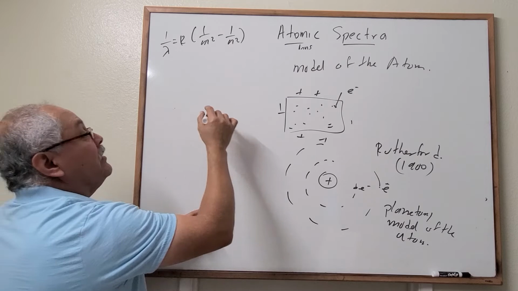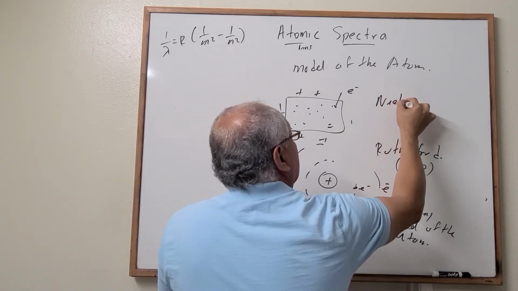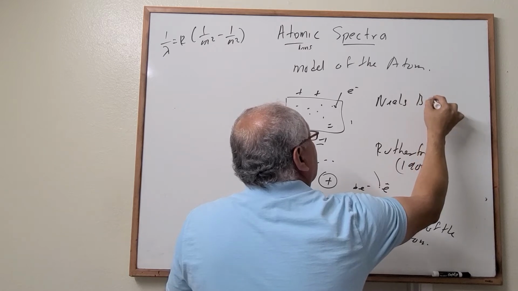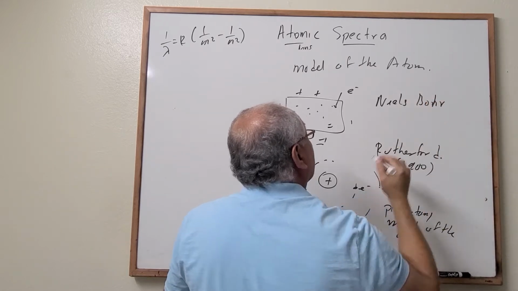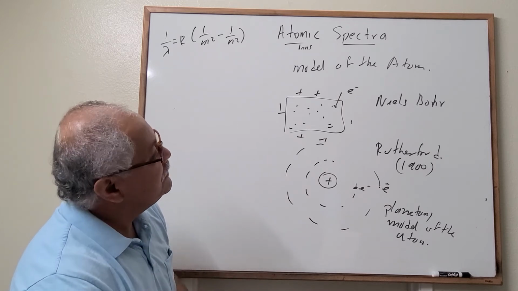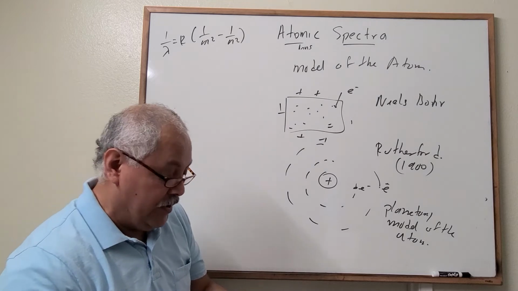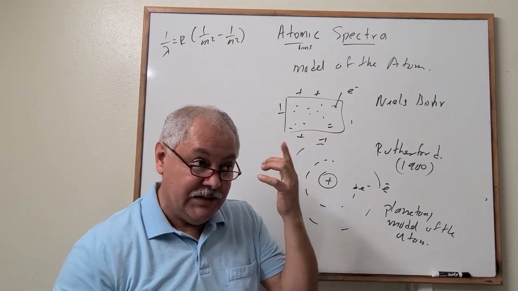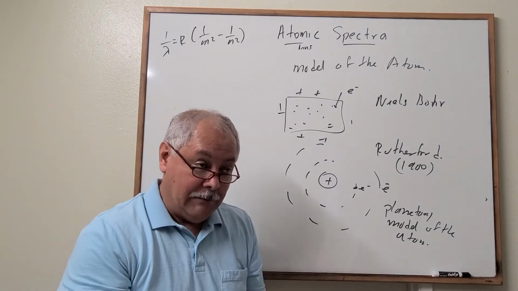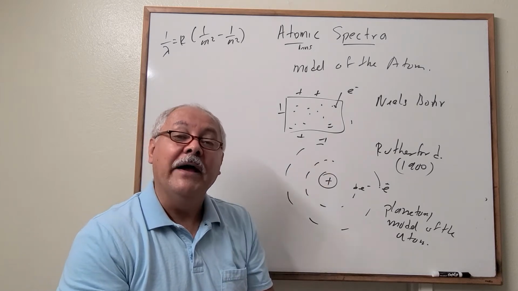Let's go to Niels Bohr. Niels Bohr used these ideas from Rutherford to study the spectrum of hydrogen.